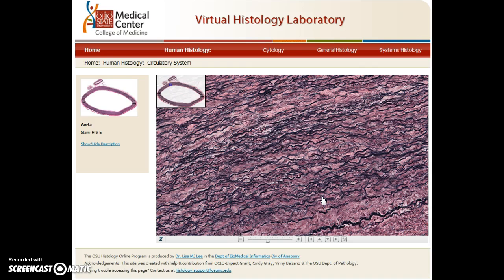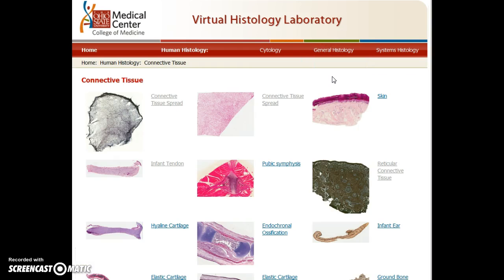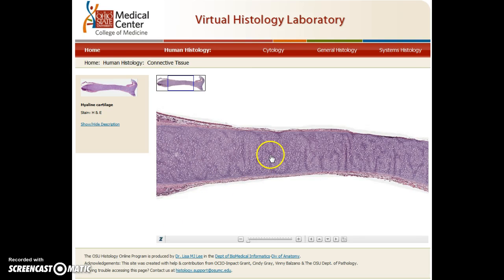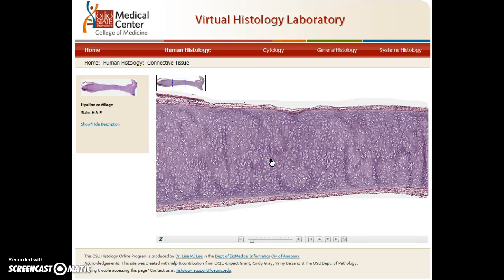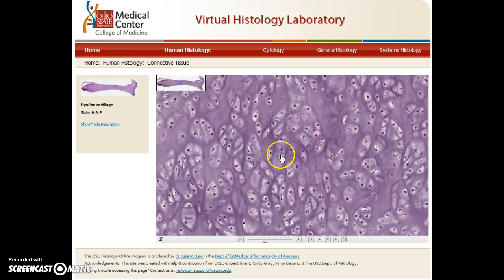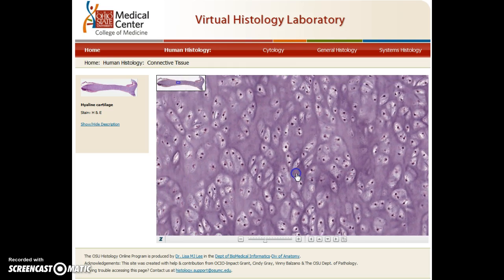Alright, so let's go to the supporting connective tissues. So we're going to look at cartilage first. We'll look at hyaline cartilage here. And so what distinguishes cartilage from the other types, it's still going to have living cells. That's kind of these really dark dots that you see.